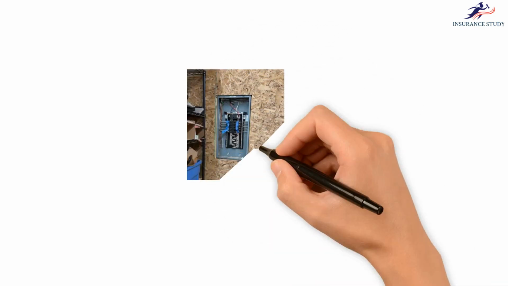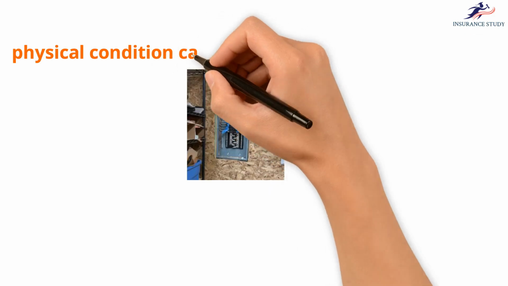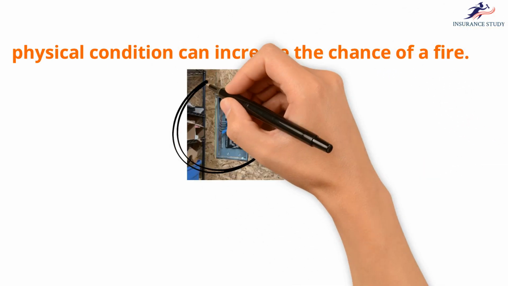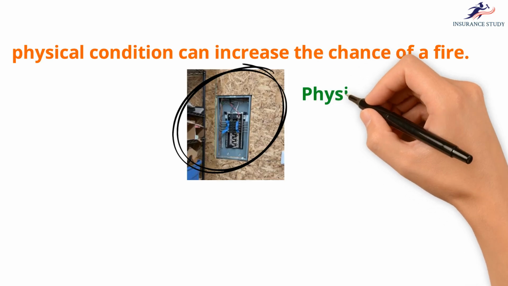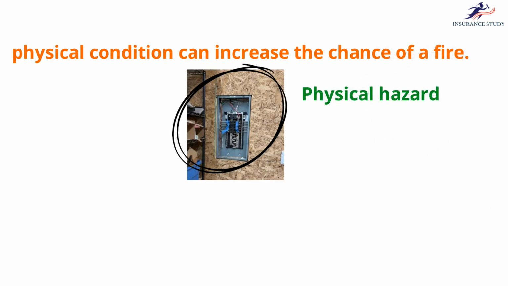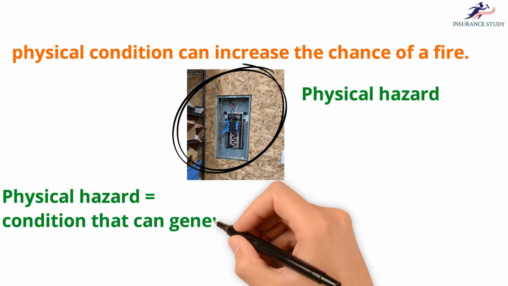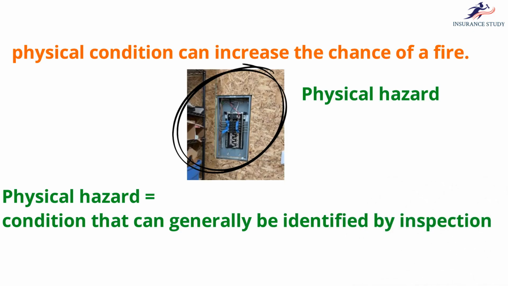So for example, suppose a building has bare electrical wires. That physical condition can increase the chance of a fire. Therefore, the bare electrical wires represent a physical hazard. So exam tip: physical hazard is equal to a condition that can generally be identified by inspection.